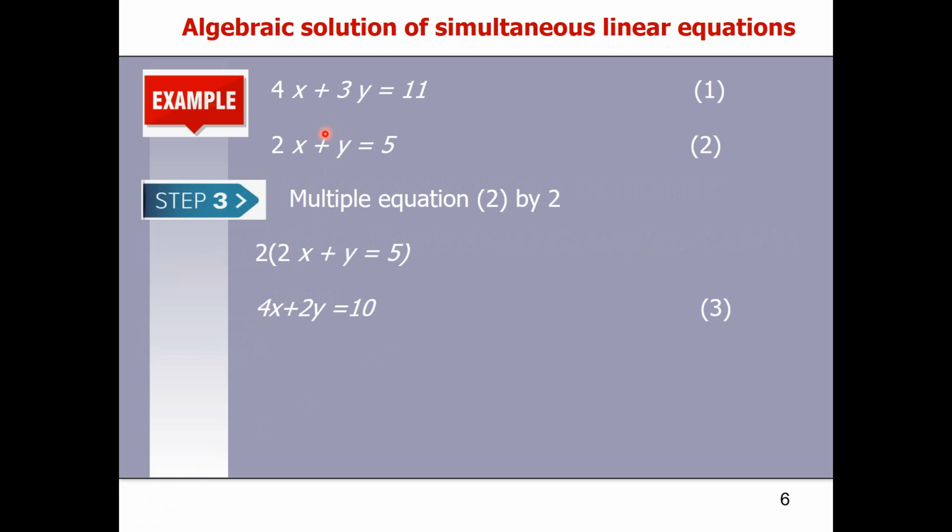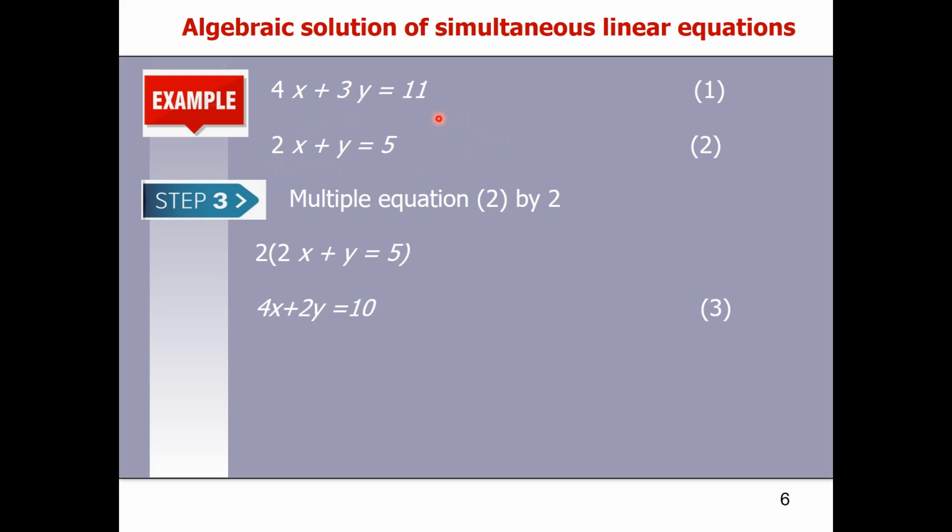Since these two coefficients are not equal, we have to make them equivalent to each other. The 2 can be changed to 4 if we multiply by 2. So we have to use multiplication here to change 2 to 4.